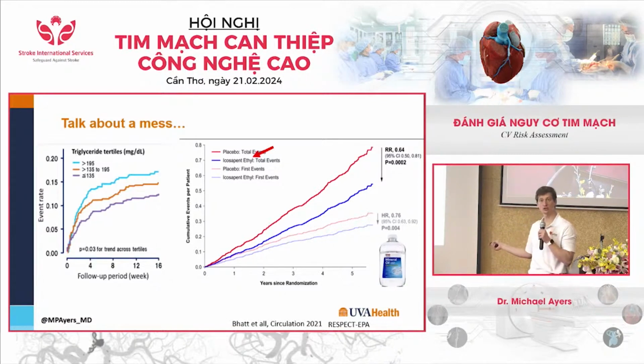The problem with this REDUCE-IT trial is the placebo arm got mineral oil, and mineral oil is known to cause heart attacks and strokes. So they compared a drug to another drug that causes heart attacks and strokes and said, look, our drug had a benefit. Tough.